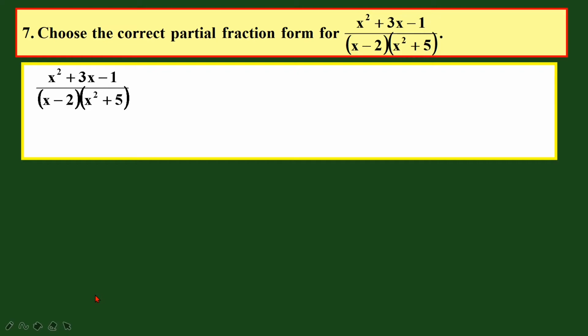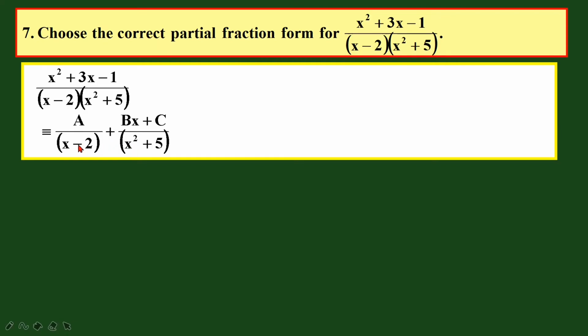In this example, we have x minus 2 here and x squared plus 5. I will check whether this can be factorized. If it can't be factorized, then my format will be A over the linear denominator and Bx plus C over the quadratic denominator.